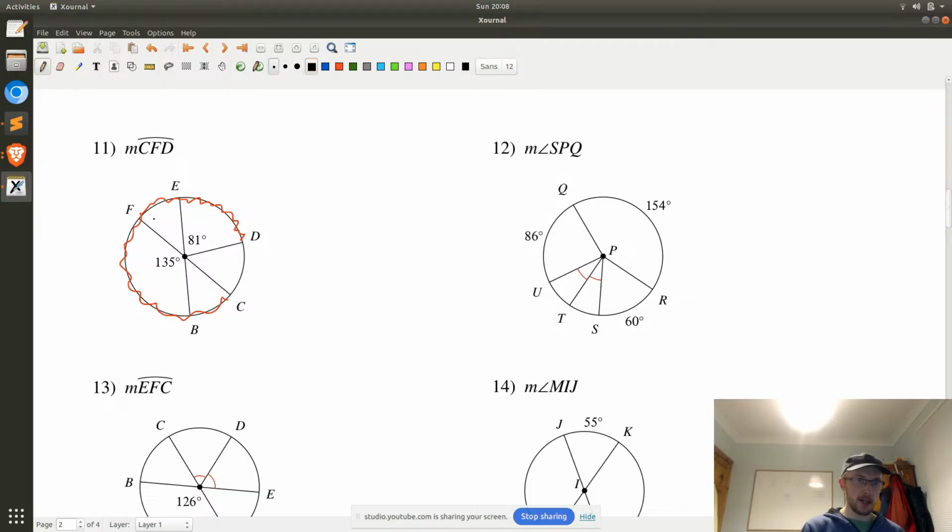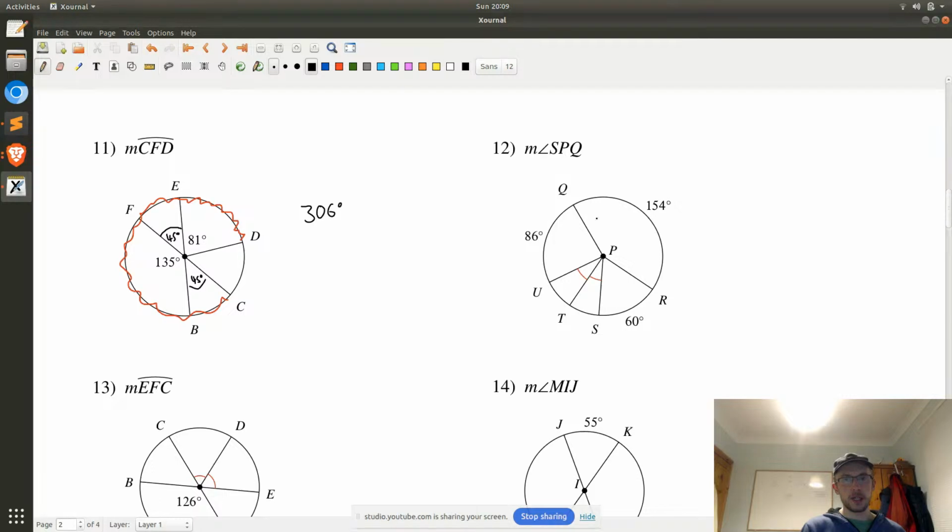That is apparently a diameter, F to O to C, and thus we can say that this is 45 degrees. And also, because this is vertically opposite, we can say that that is 45 degrees. And so we must add these together and these together. 135 plus 81 is 216, and then add 90 and you get 306 degrees, I believe.